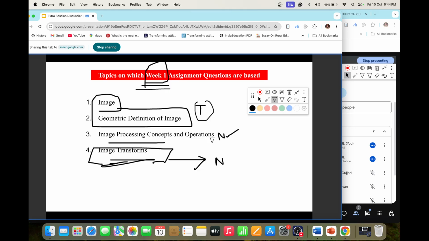You can get numerical questions as well, such as histogram equalization and different gradient operations like your Prewitt-Sobel operators. And then image transform, that is the Fourier transform, you can get numericals related to your Fourier transform.